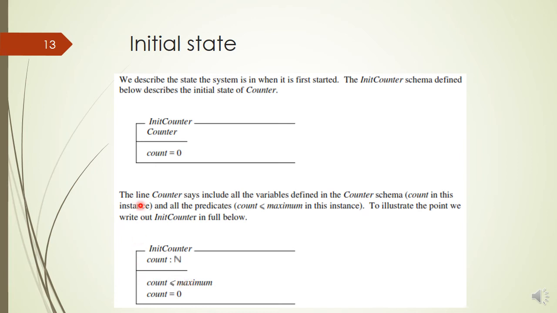Therefore, it is sufficient to write the name of a system state schema, and this convention is just like we write the name of function to be called in a program, or we just write the name of a method where we want to use it in a programming language.